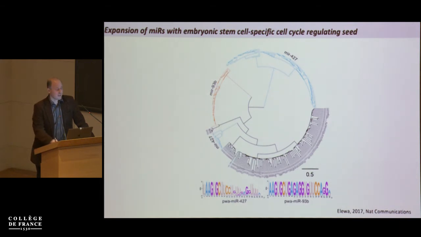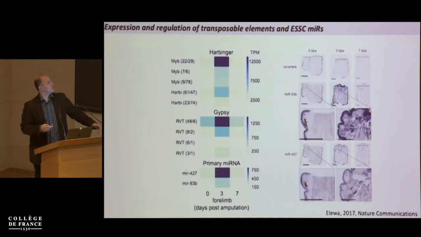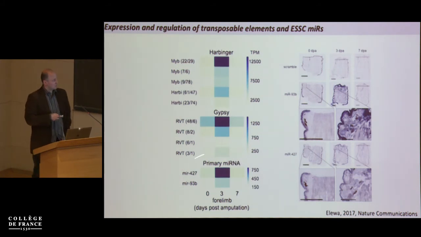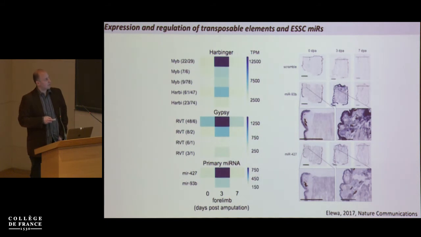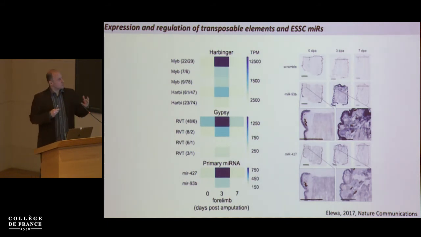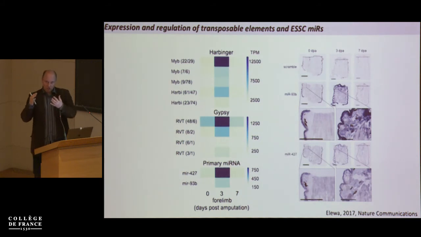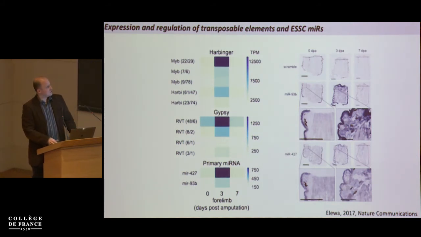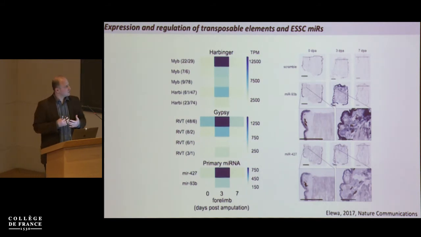Given the fact that they are expanded and also expressed in the adult animal, we could also see that both the harbingers, but also in this context the microRNAs, are re-expressed and heavily upregulated after limb amputation. So going back to this issue whether regeneration and development are the same mechanism, same process.